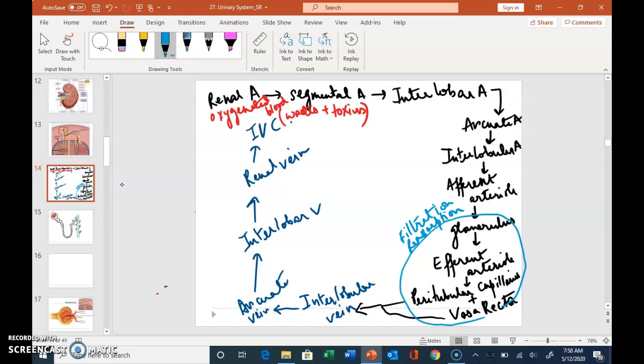Okay, but then at the end, what type of blood comes out of the renal vein? That's a question. Well, the blood that comes out of the renal vein is deoxygenated, but free of wastes.